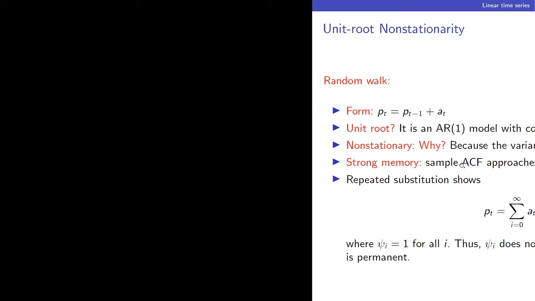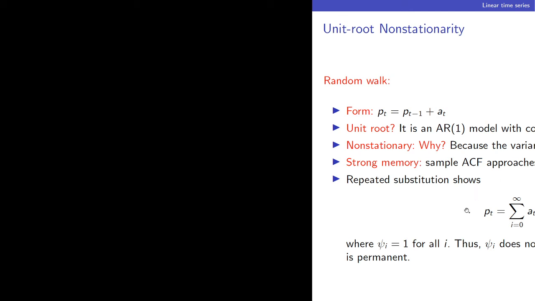It's basically an AR(1) model where the coefficient phi_1 that would go here is exactly 1. Now, it isn't stationary because its variance diverges to infinity. Why? Because this isn't smaller than 1 in absolute value. It has a strong memory. It has very, very strong memory. The sample autocorrelation function tends to 1. It goes really, really close to 1.